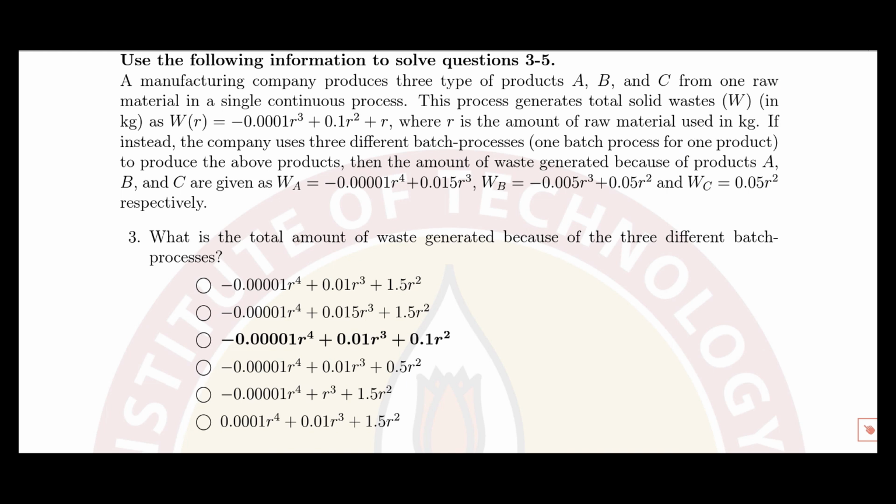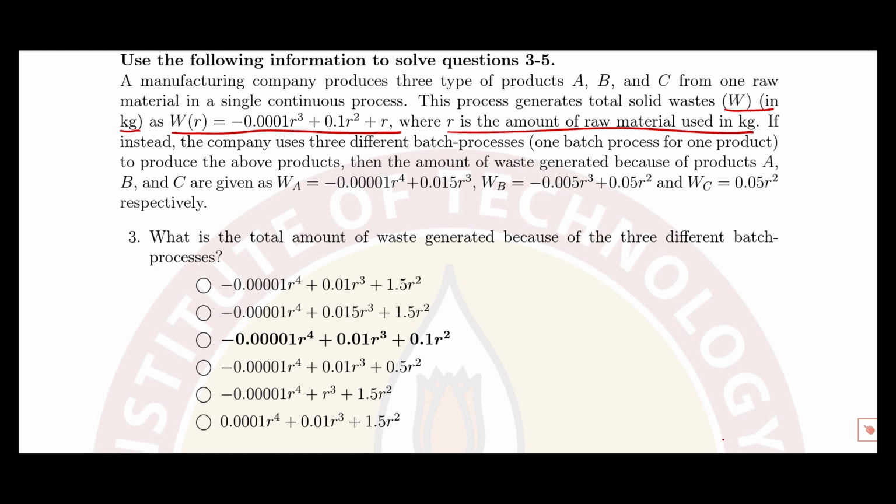Here we have data to answer questions 3, 4, 5. A manufacturing company produces 3 types of products A, B and C from one raw material in a single continuous process. This process generates total solid waste W in kg as W of R is equal to minus 0.0001 R cube plus 0.1 R square plus R, where R is the amount of raw material used in kg.